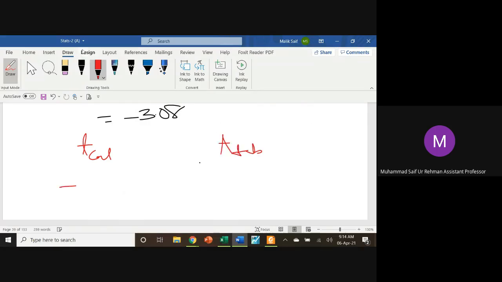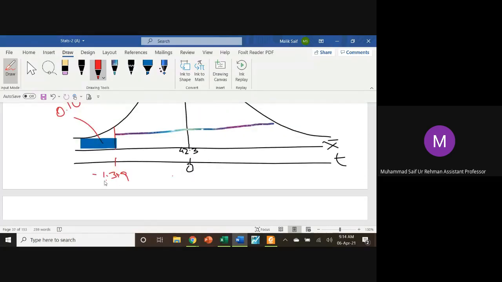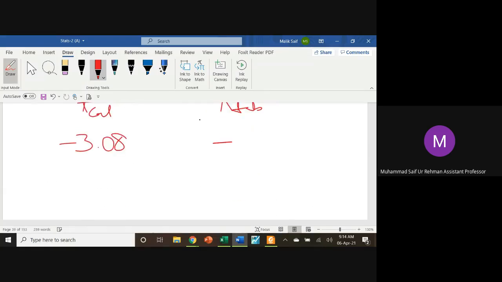So the calculated value is minus 3.08 and the tabulated value is what you have written over here in the distribution, minus 1.319. Out of these two values, which one is greater?